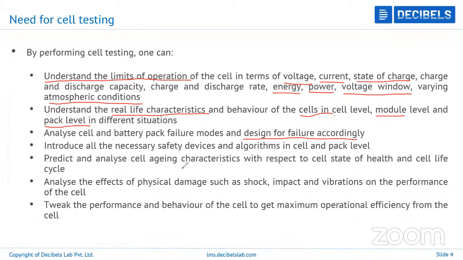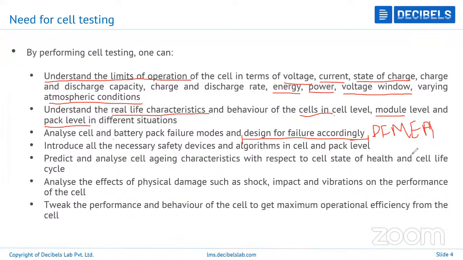So we can analyze, okay, at this extremely high rate of current, the battery pack is likely to fail, or at this high level of energy, the battery pack is likely to overheat. And with that understanding of failure points, we can design for failure. Okay, this is called DFMEA, right?